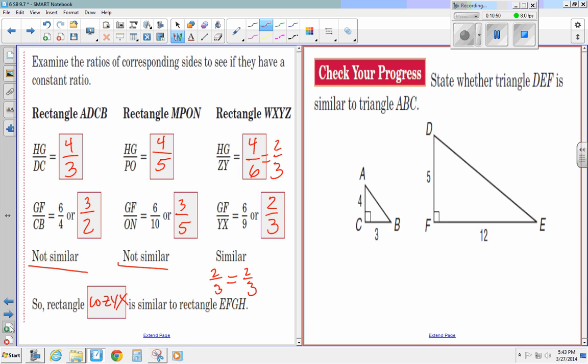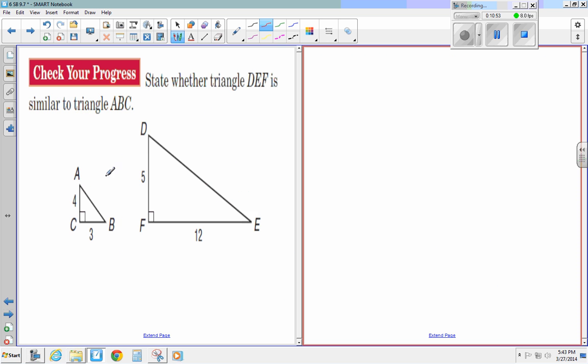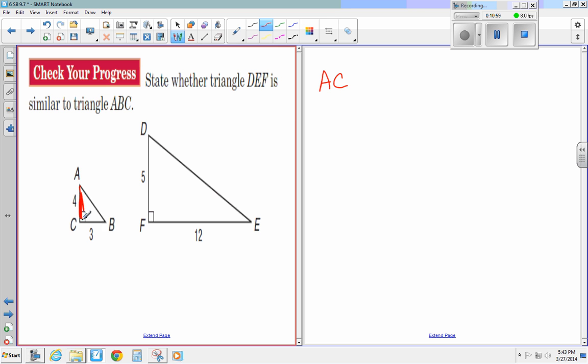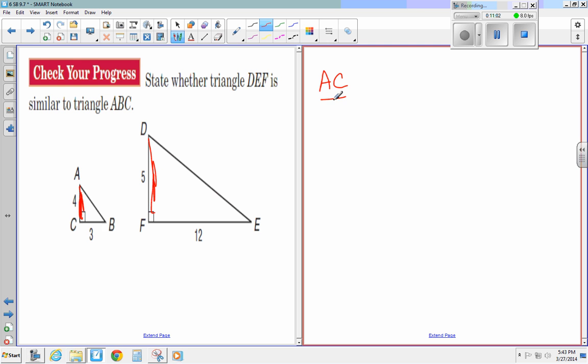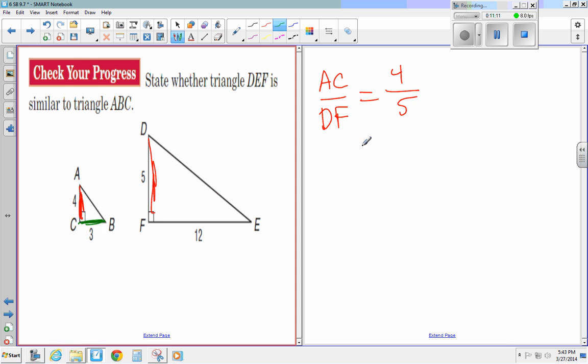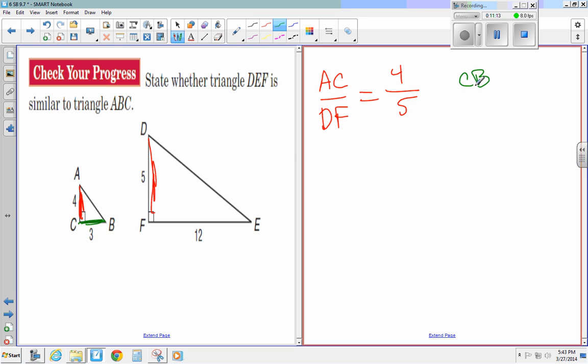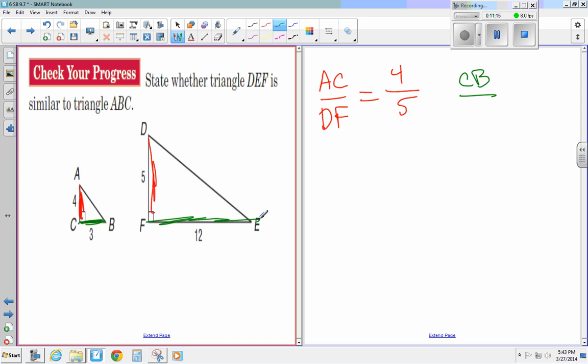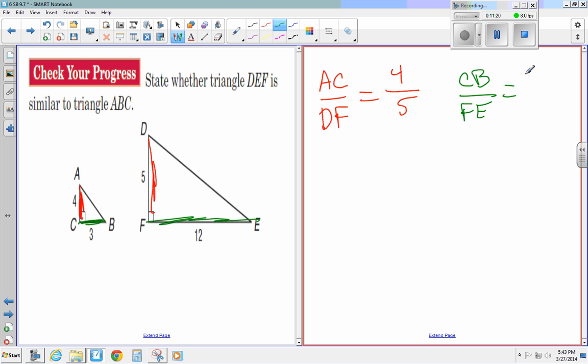So now we have to set up the proportions for this. AC and DF. Well, AC is 4, DF is 5. Now we're going to compare the other one, CB and FE, which is 3/12.